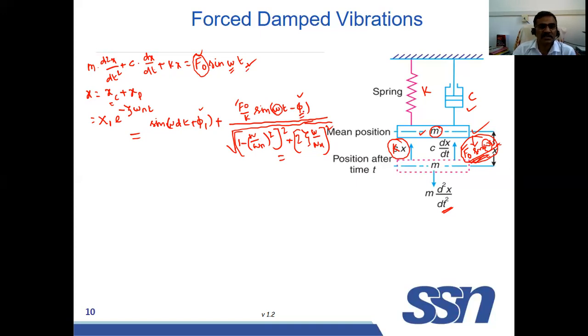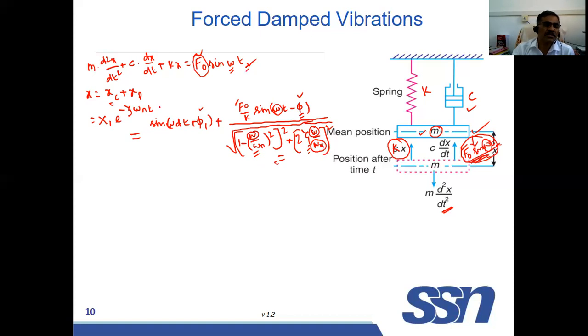We will discuss phase angle later. Omega is the frequency of the forcing function. Omega n is the natural frequency. Psi is the damping factor. Omega is the natural circular frequency of the forcing function. So this is the equation we get.